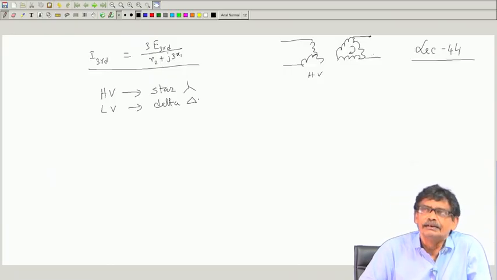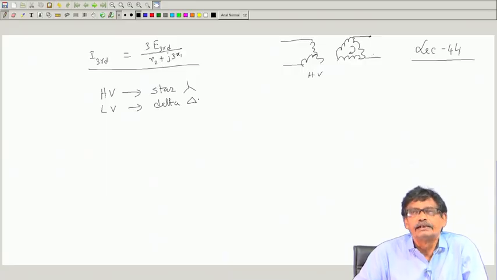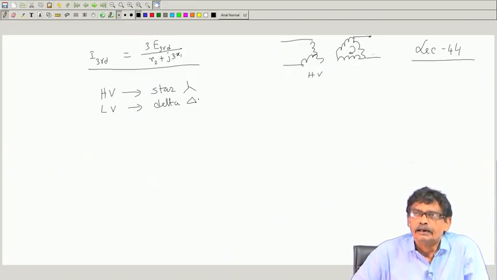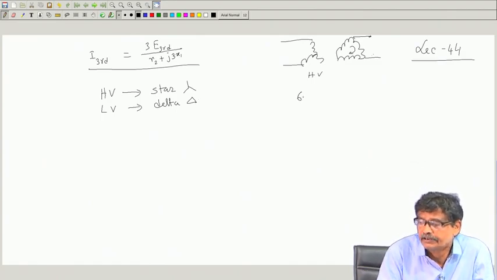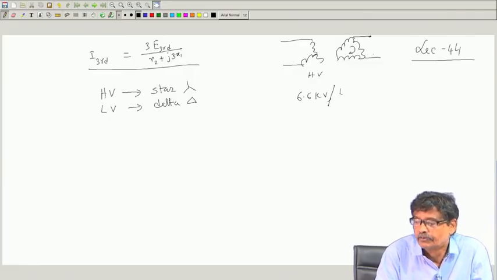But this is not all. In fact, there are situations where other reasons will override this, that is, maybe the low voltage side is star and the primary side is delta. For example, a distribution transformer, typical rating 6.6 kV and 440 volt.